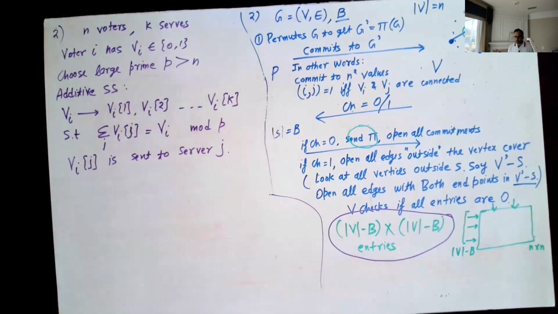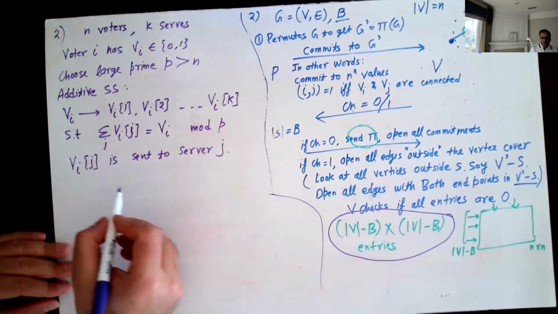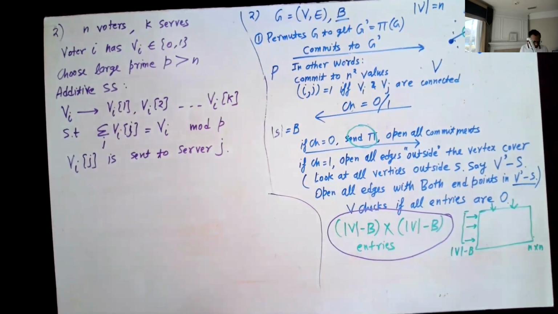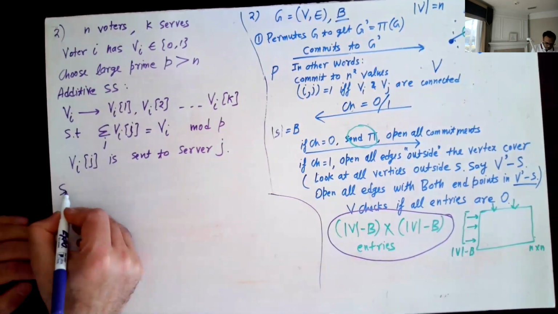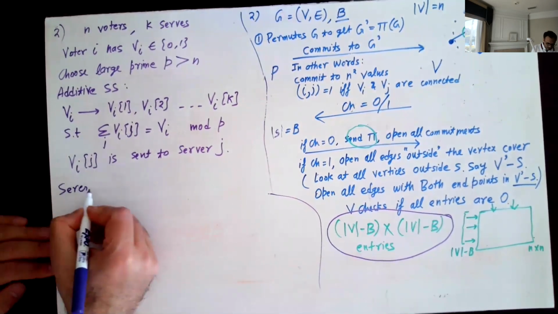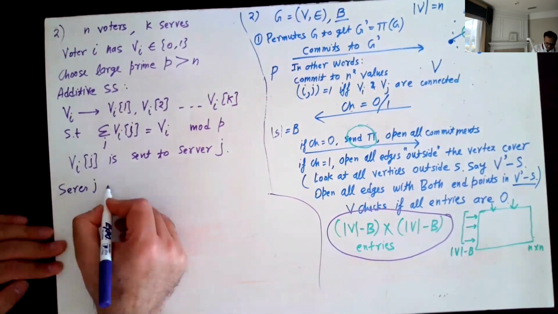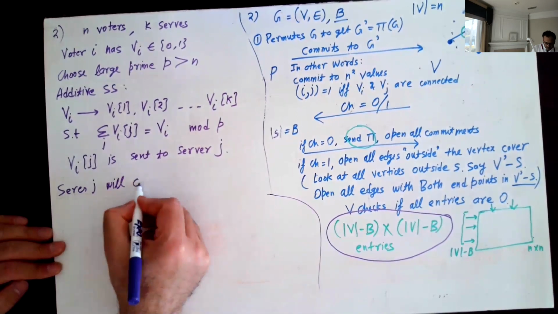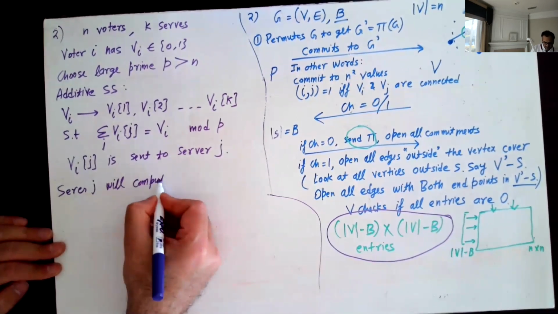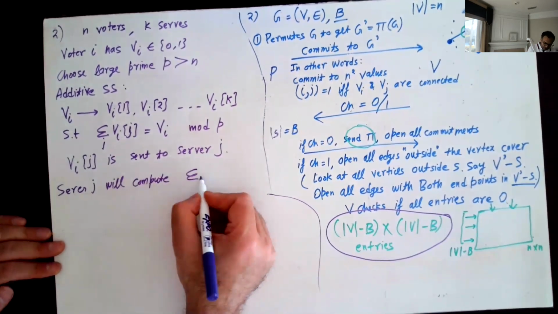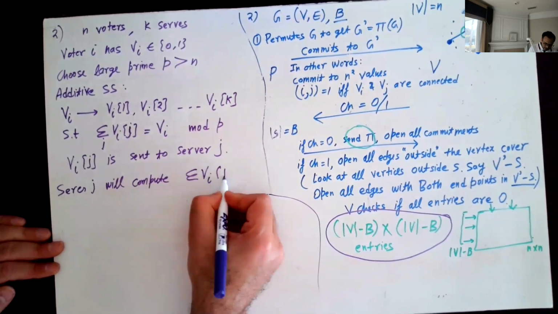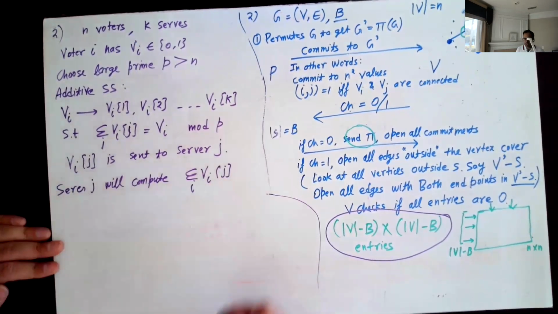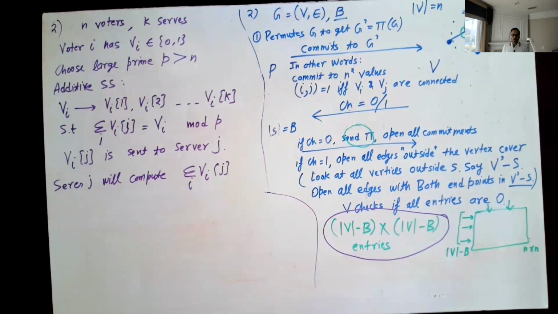So this is the voting procedure. Each voter is doing this. Now next, when the voting is finished, server j will compute summation vij for all i, the shares received from all the voters.